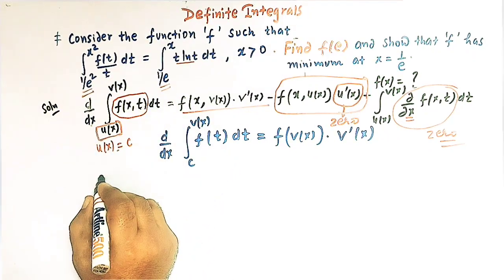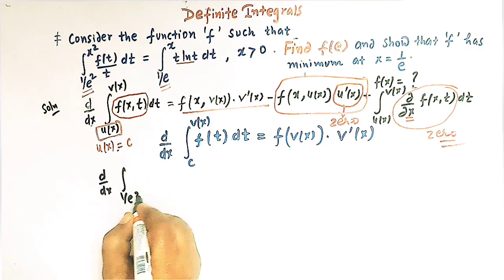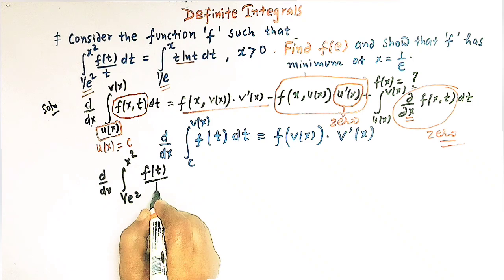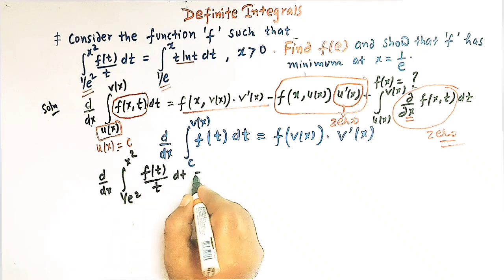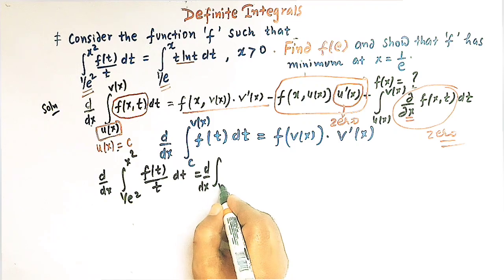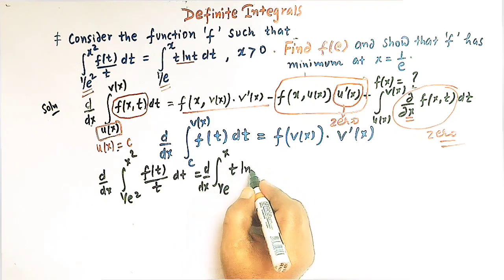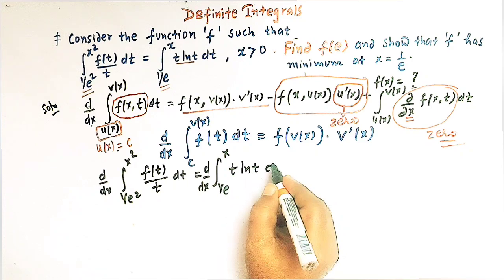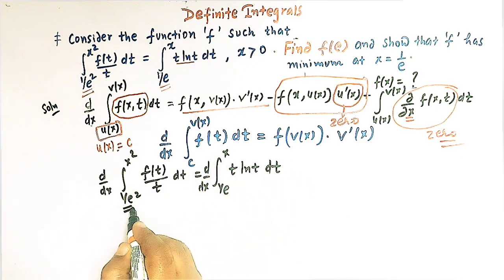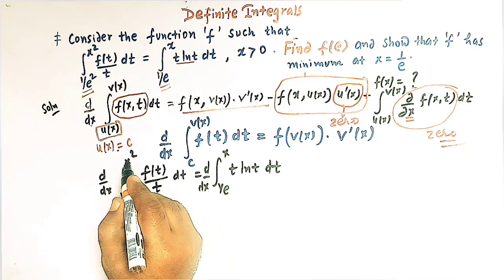So now we have d by dx of the integral from 1 over e square to x square of f of t over t dt, and then we have d by dx of the integral from 1 over e to x of t times natural log of t dt, right? So using this result, this is a constant, so we'll simply replace these two t's by x square.